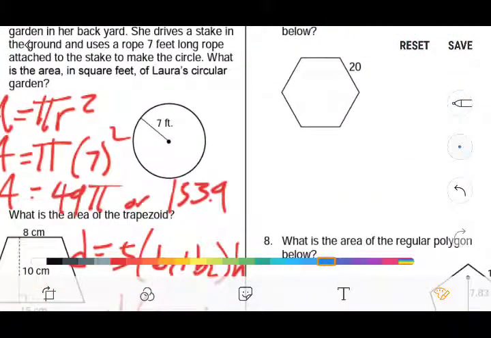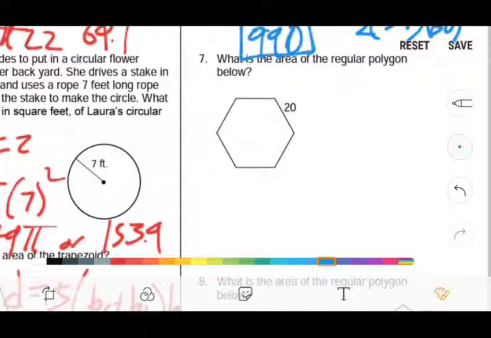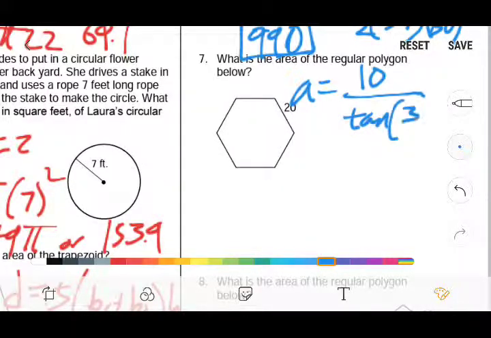Area of the regular polygon below. Okay, so I'm going to use the formula for the apothem. Your apothem equals, I have to remember this, half the side length, so 10, divided by tangent of 360 over, this has 1, 2, 3, 4, 5, 6, so 2 times 6 down here.